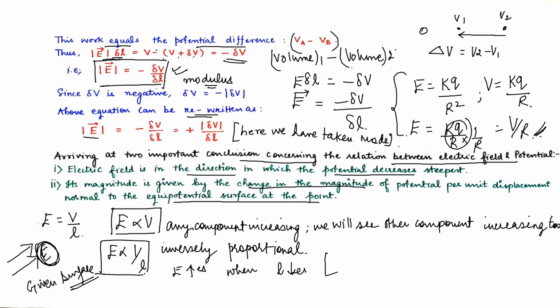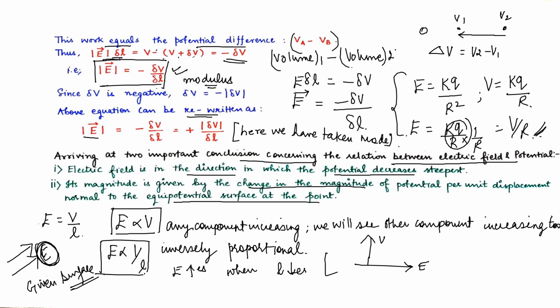Now the second one is its magnitude is given by the change in the magnitude of potential per unit displacement normal to the equipotential surface at the point. Normal to the equipotential surface states that our V and E are perpendicular to each other. Like if this is the E, V will be given like this.